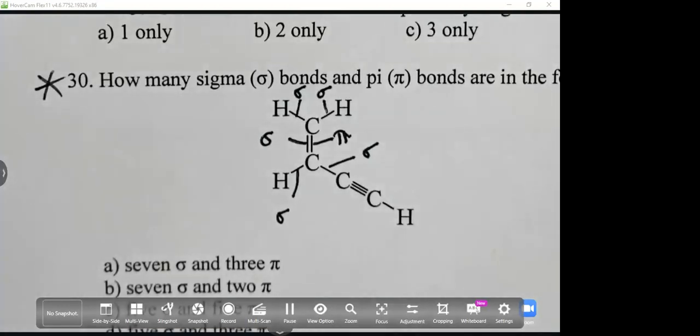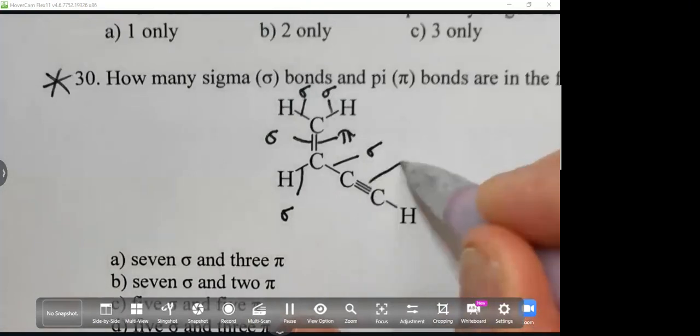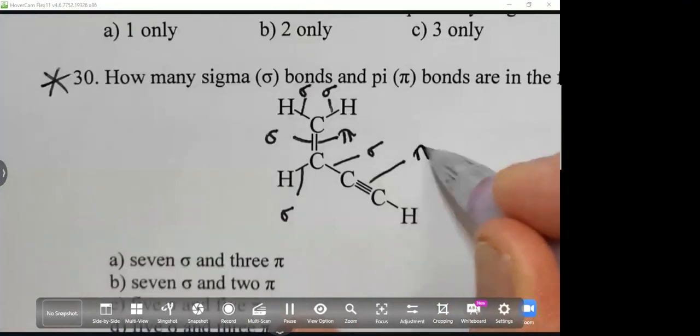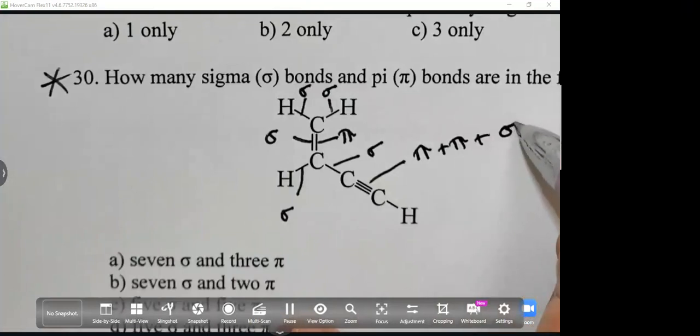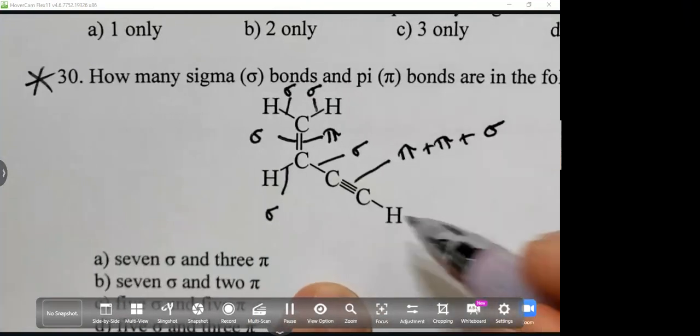One sigma and 2 pi's, right? Here, you have a pi plus a pi plus a sigma, correct? 1 sigma and 2 pi's make a triple bond.